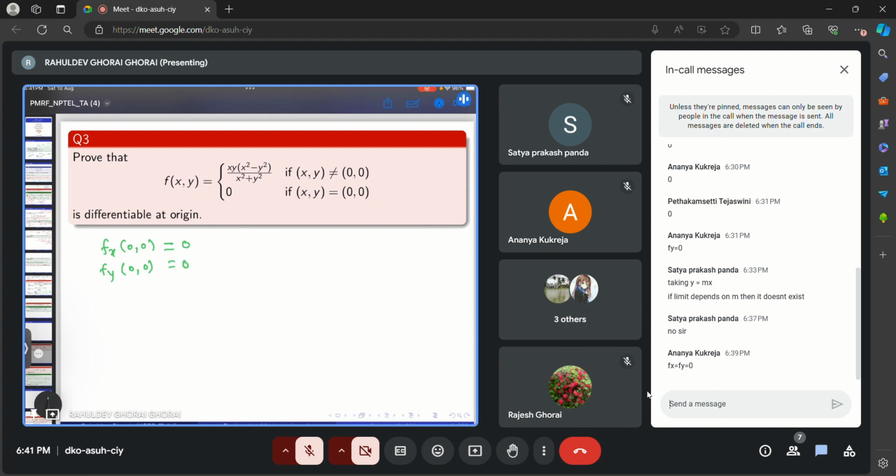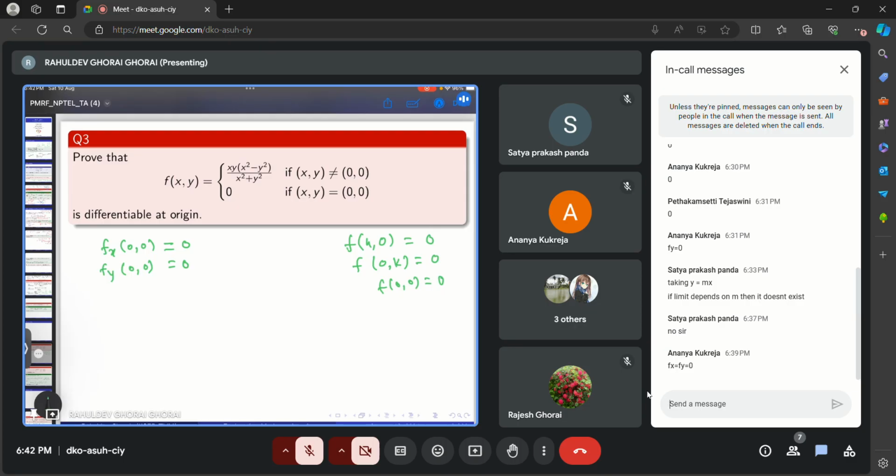So fx and fy are 0, I'm assuming, right? But I think it is very easy, by observing these things you wrote. f(h, 0) for any h not equal to 0, or f(0, k), they are also 0, and f(0, 0) is equal to 0. So it is easy to check that the partial derivatives exist and that those are equal to 0.